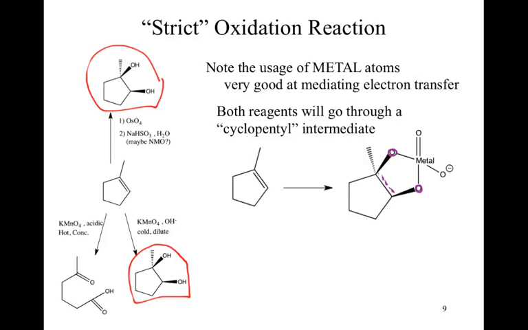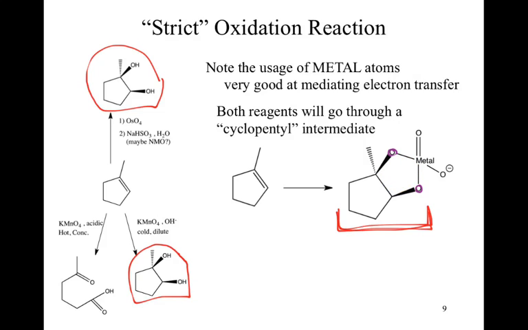So we're getting a syn addition of 2 alcohol functional groups. The first step in both of these reactions is the formation of this weird metal complex with our pseudo cyclopentane ring running through the middle.